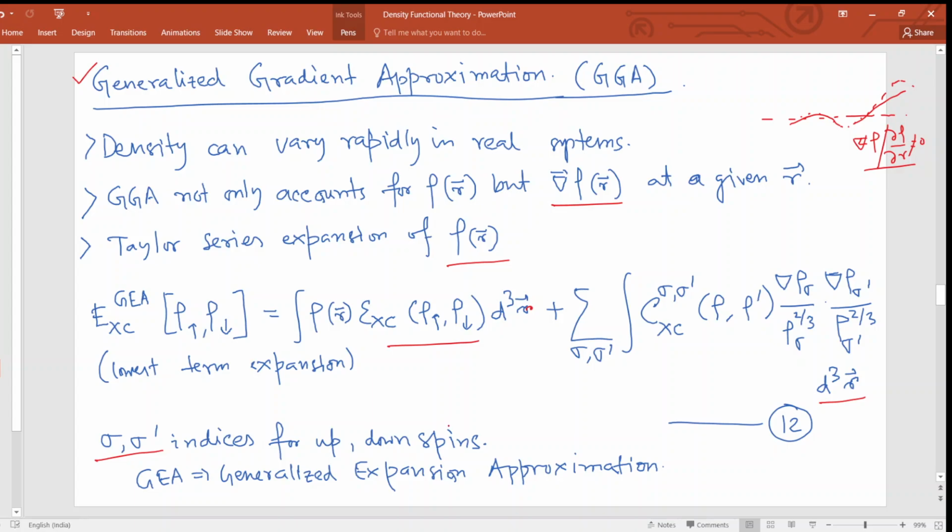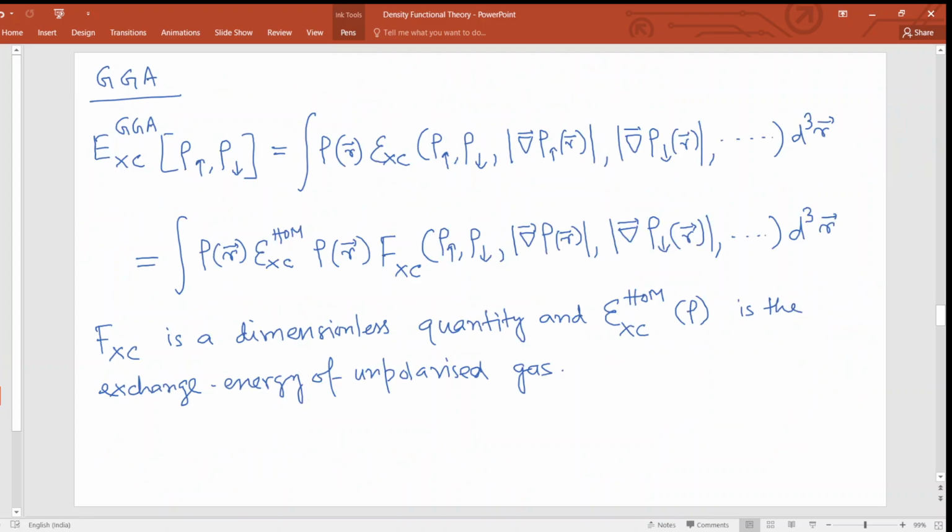These are generalized notations. So you can see that the variation with respect to space is also taken into account.